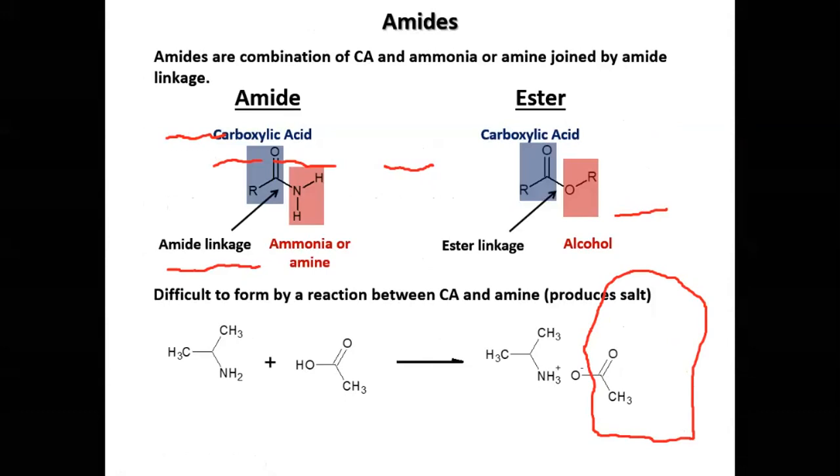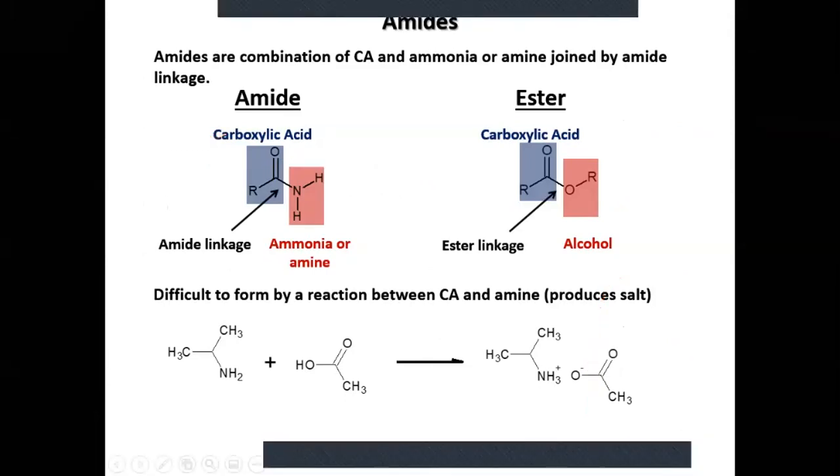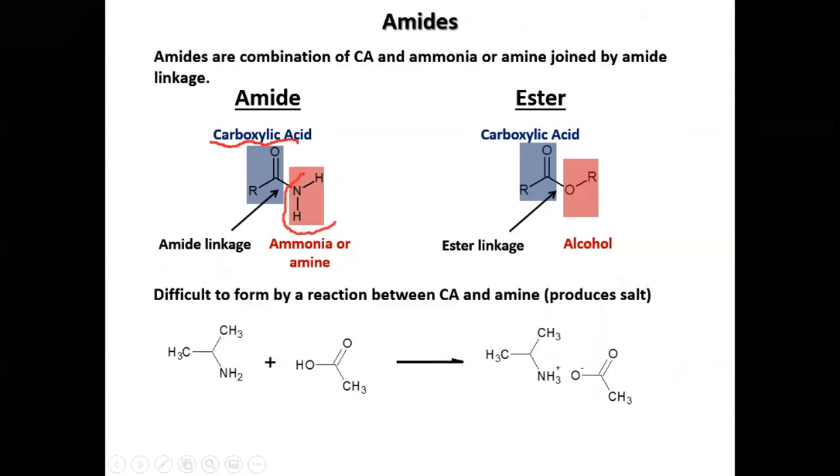So how do we make this amide? An amide is like the combination of a carboxylic acid and an amine. And what we did last week is we combined a carboxylic acid and an alcohol to get an ester. That's what we did last week. The CO is called the ester linkage, and the CN is called the amide linkage.